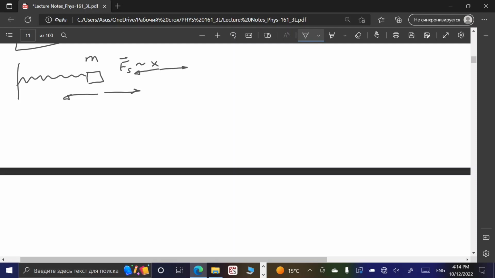So what we can write? Kinetic energy 1/2 m v squared plus potential energy 1/2 k x squared for any position x. And that will be equal to some constant value, because no matter at which moment of time we consider sum of kinetic and potential energy, that will be constant.